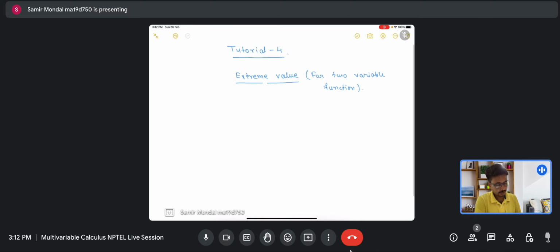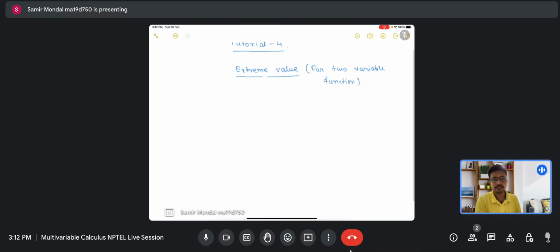Before going to two variable functions, at first we will discuss single variable functions. What do we mean by local minima, local maxima, global minima, global maxima? And what is the extreme value? First we will discuss single variable functions.